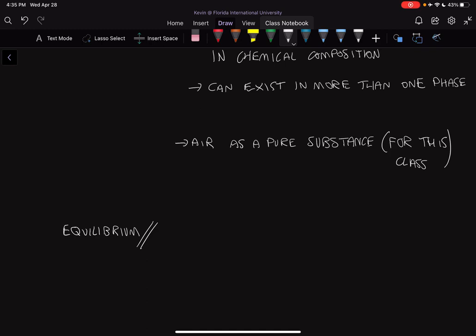So, equilibrium means that the values of all the system are the same for all its properties.